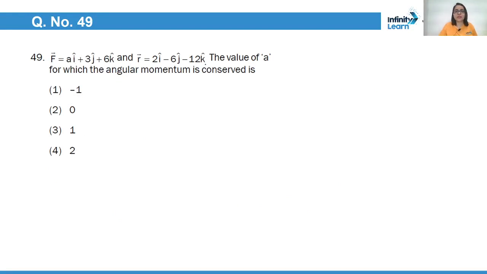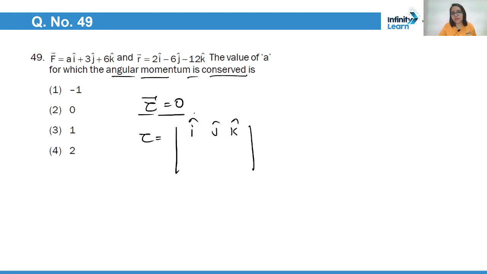Question number 49. F vector is given, R vector is given, and the value of A for which the angular momentum is conserved. So for conservation of angular momentum, torque should be 0. So torque is R cross F. So it is i, j, k, positive, negative, positive. R is 2, minus 6, minus 12, and it is A, 3, 6. So it is i cap.